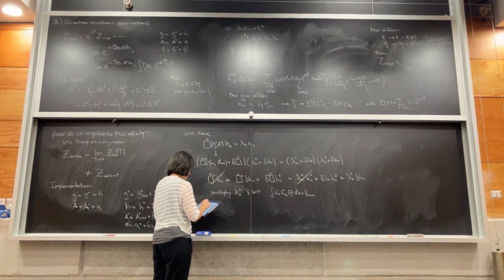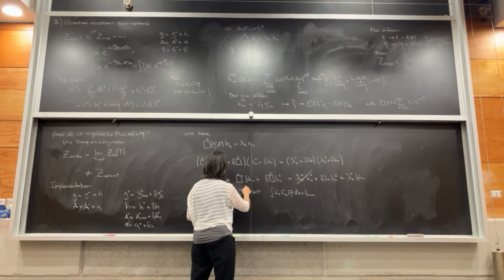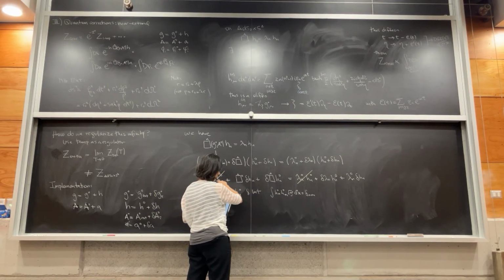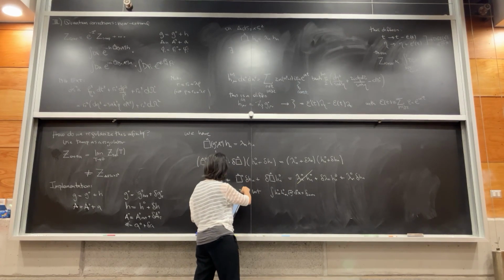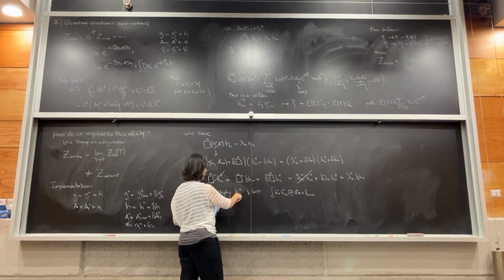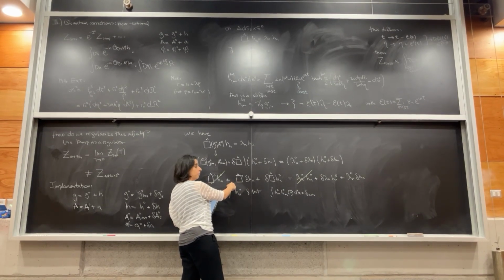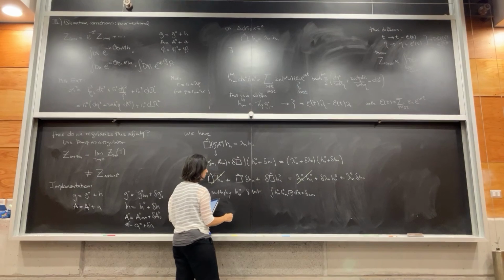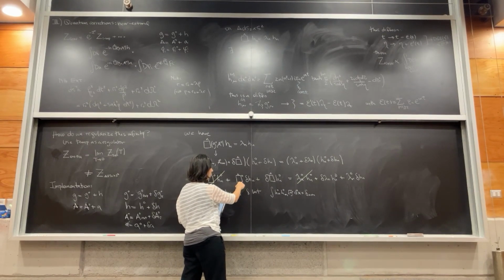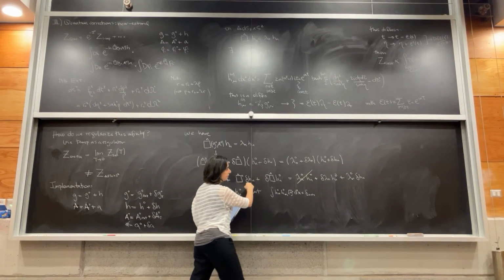So I'll multiply this equation by this Hn0. In this term here, I'll have Hn0 times this, and this term will give me lambda n0 again.